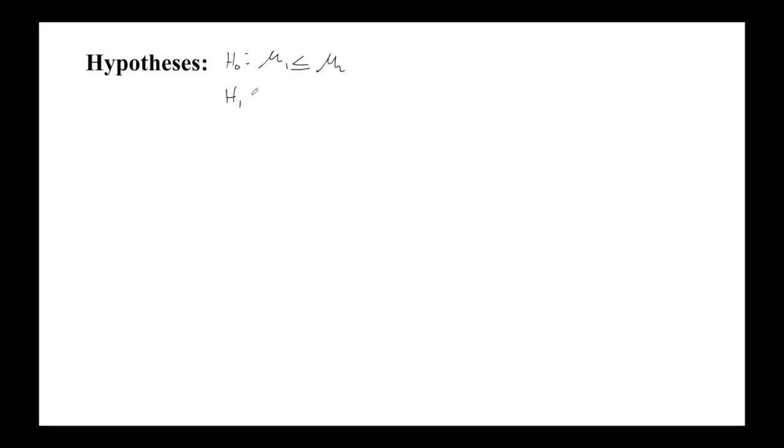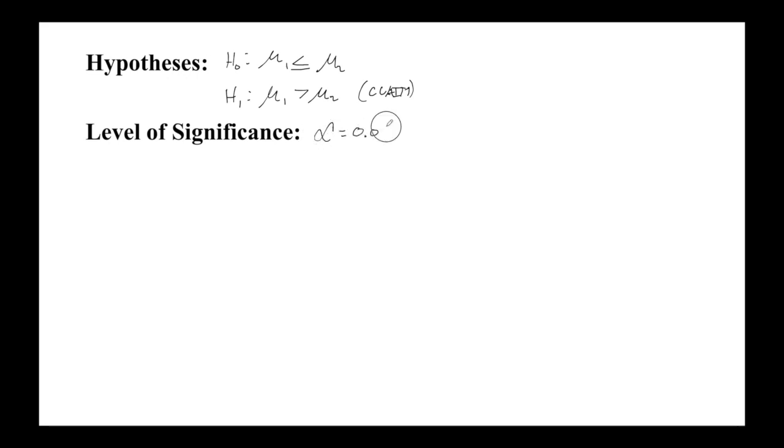Just like what I have said, for the alternative hypothesis, we have H sub 1: mu sub 1 is greater than mu sub 2. And this will be our claim, based on the problem. For the level of significance, we have a value of 0.05 given from the problem.